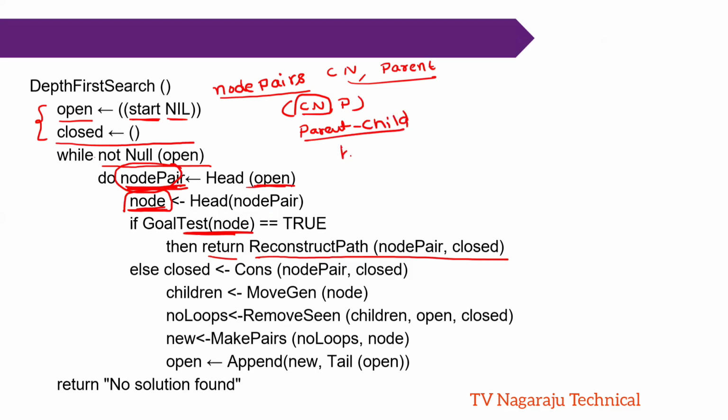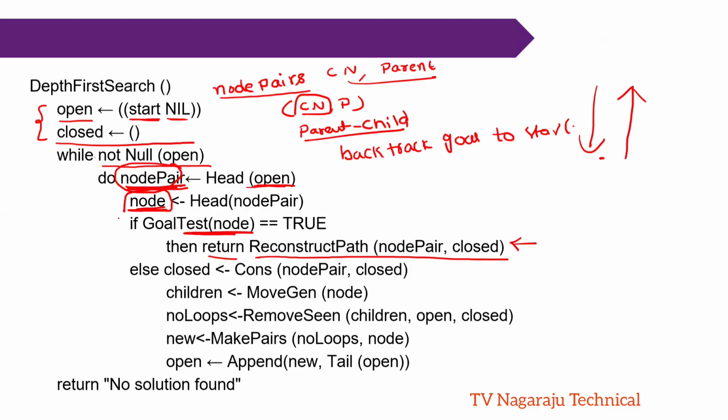So to get the answer, you need to backtrack from goal to start. If you want to get the answer, you need to backtrack from the goal to the start state. Then only you get the path from the starting state to the goal state. That is the reason. Reconstructing the path means backtracking.